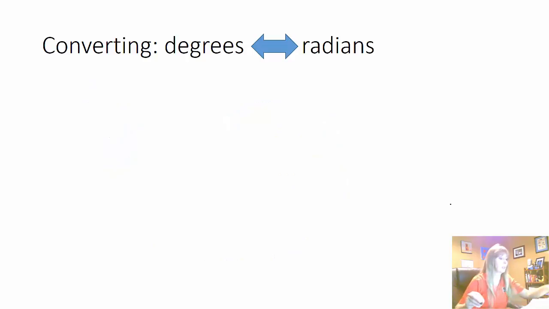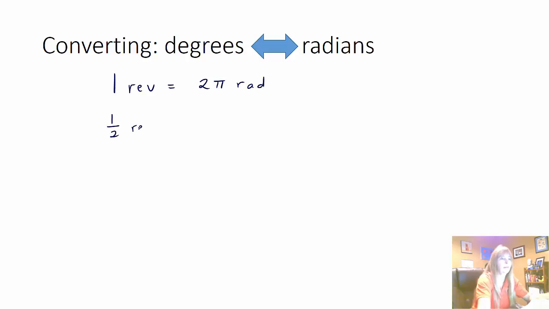So I said 1 revolution is 2 pi radians. All right. Well, what if I divide both sides by 2? So half of a revolution, if I divide 2 pi by 2, would be pi radians. So if I go halfway, which might be helpful to go ahead and put the degrees, since most of us think more in degrees, half of a revolution, I'd be at 180 degrees.